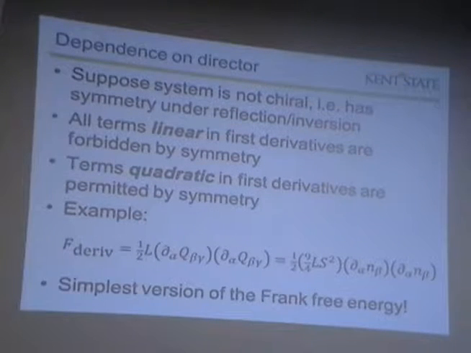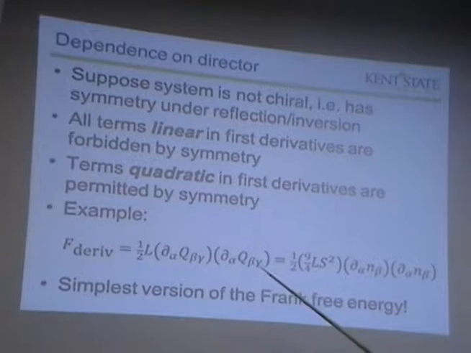If it's not chiral and it's not polar, then you can work out that all the terms that are linear in first derivatives are forbidden by symmetry. But there can still be terms that are quadratic in the first derivatives.